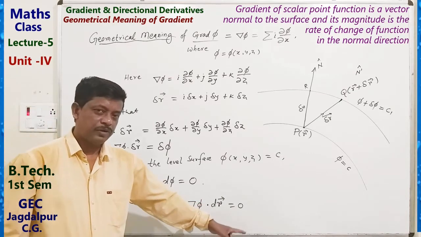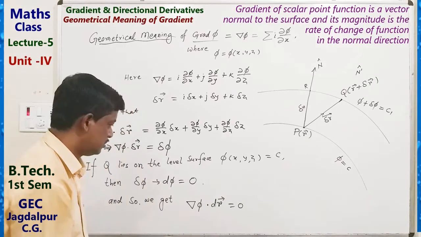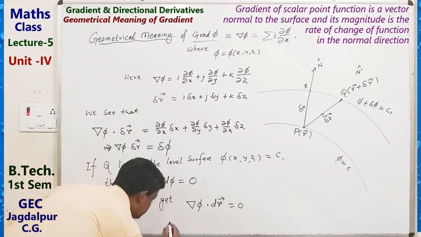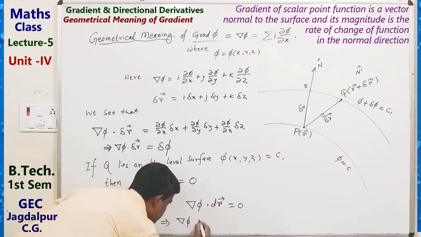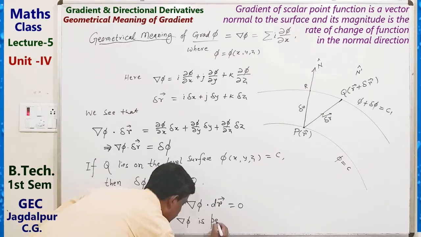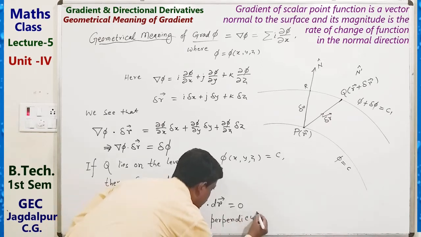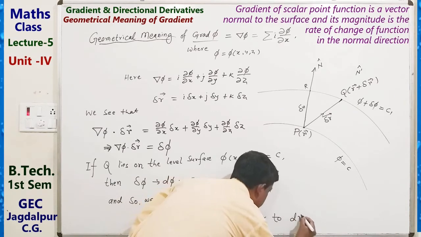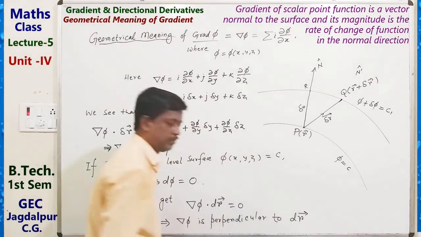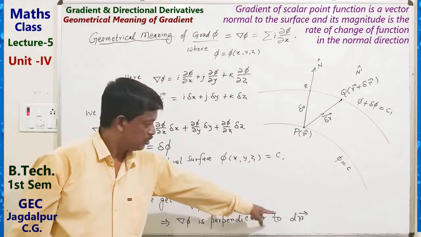Dot product of two vectors equal to 0 means they are perpendicular to each other. So this implies del phi is perpendicular to dr. Del phi is perpendicular to dr.